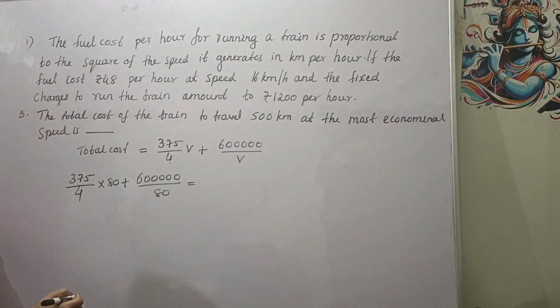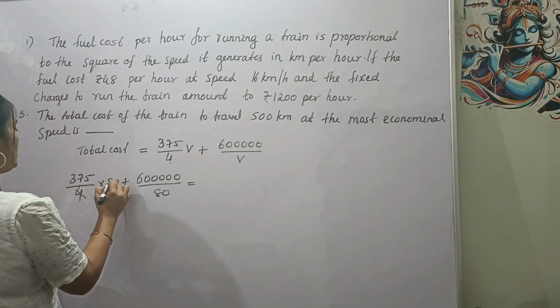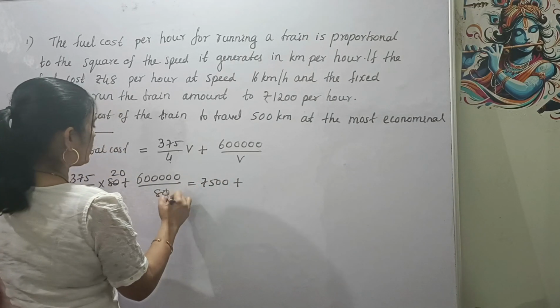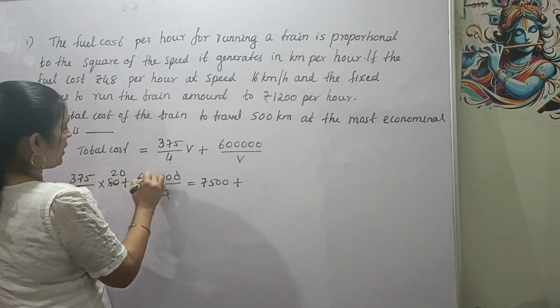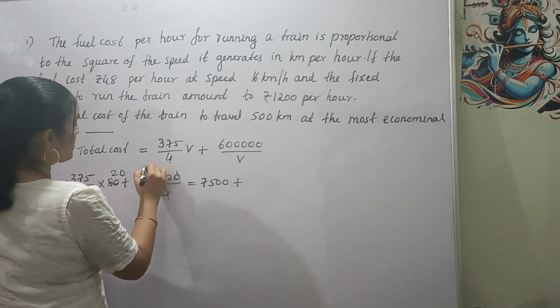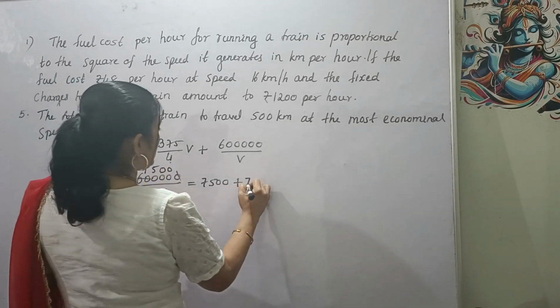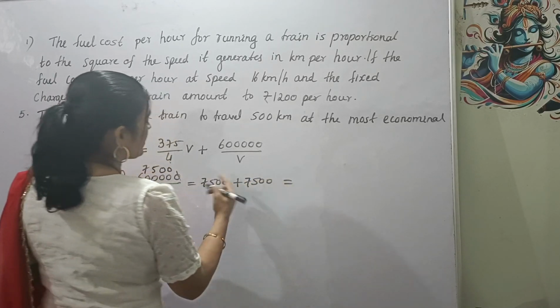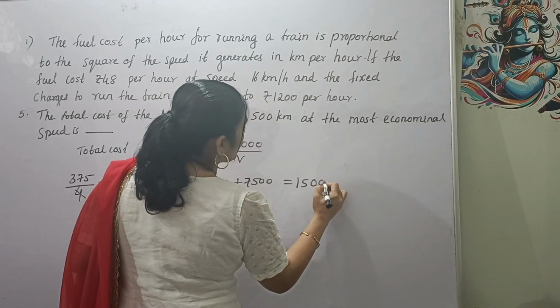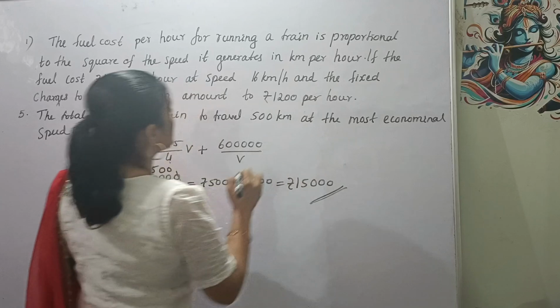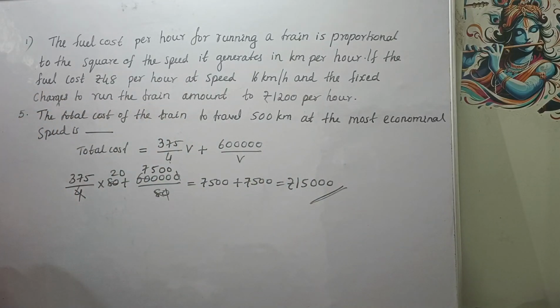That is equal to 7,500 plus, 10 cancelled, 8 1s are 8, 8 7s are 7,500. 7,500 plus 7,500, that is 15,000. So, it is the total cost of the train to travel 500 km at the most economical speed.